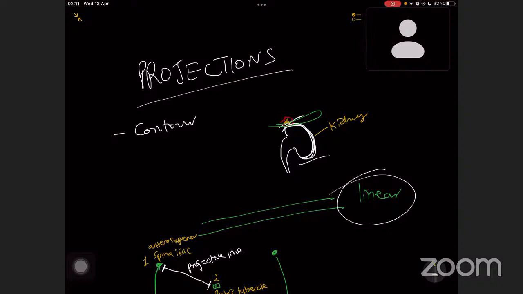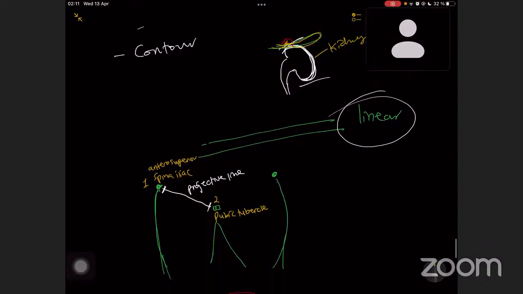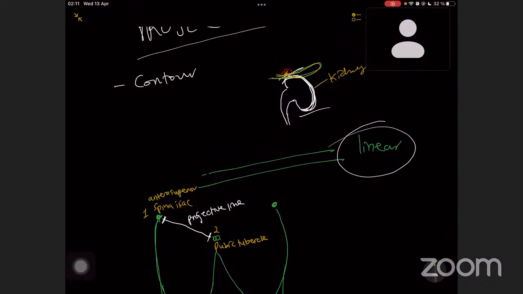adrenal glands. Of course, also the contours of the organs on the surface of the body are connected with a system of surface landmarks. So, for example, you can say the upper pole of the kidneys is projected along the 12th rib.